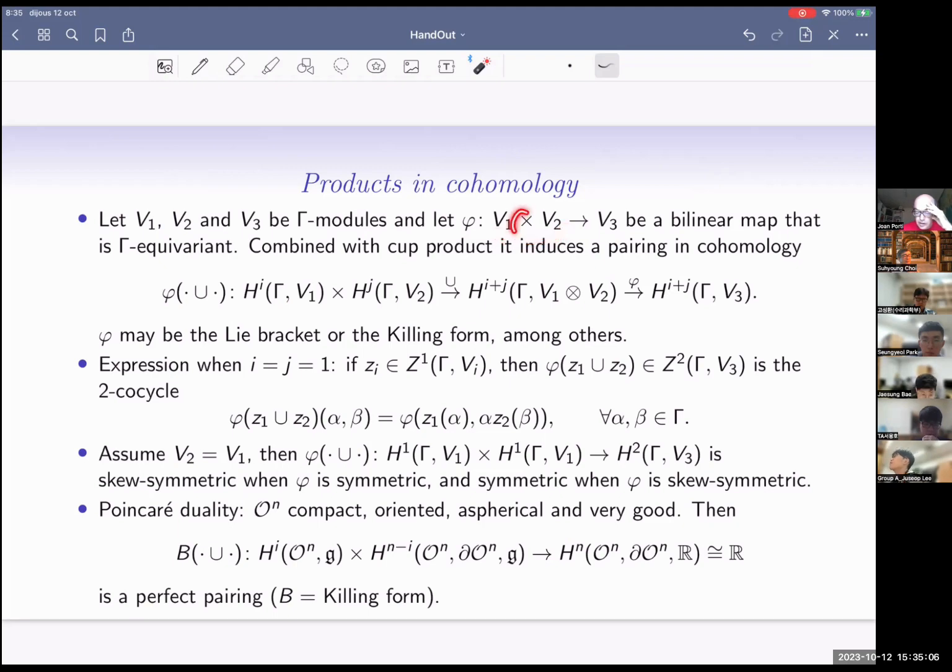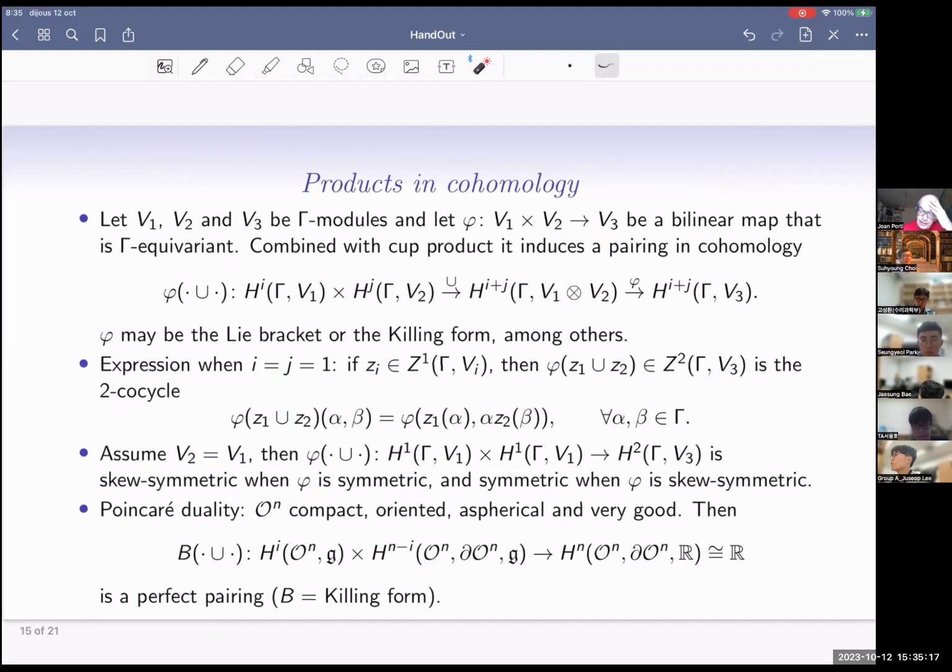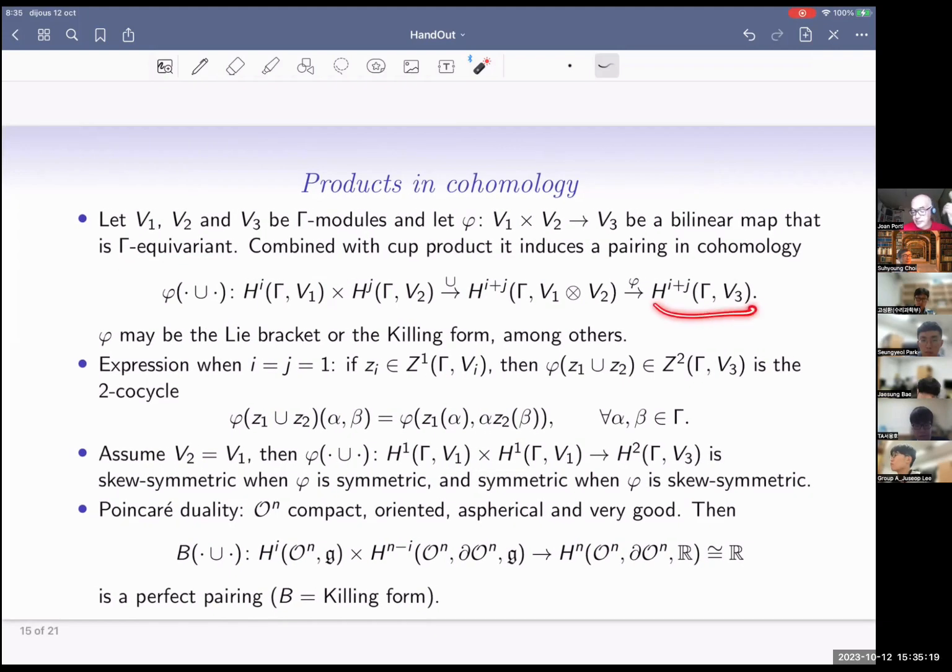But then I have something else, which is a bilinear map from the product of two modules, where I could put the tensor product, to a third module, which is gamma-equivariant, compatible with the action of gamma. Okay, and this composition defines another cup product, just the standard cup product composed with this. Well, there is a funny notation, which is this one.